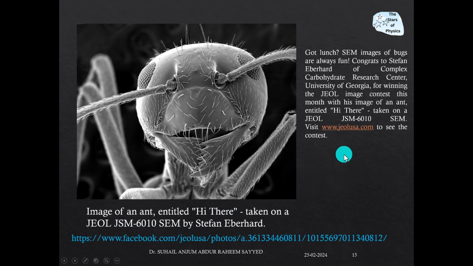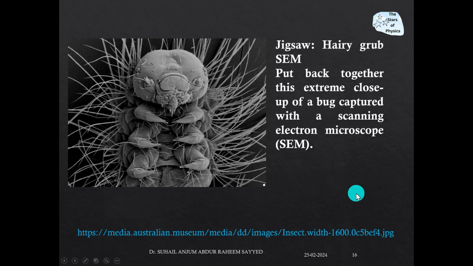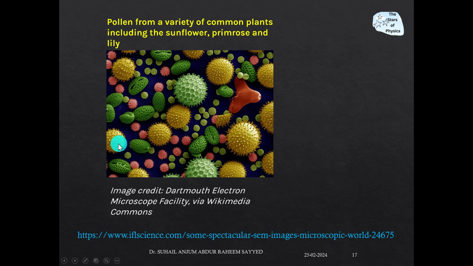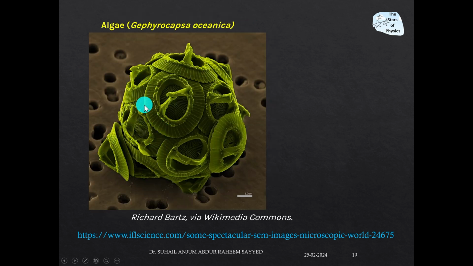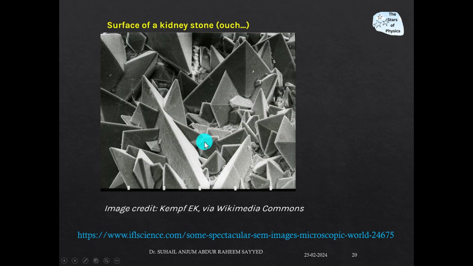He got this best prize for this high-resolution image, which I had taken from this website. Then this is the image of a bug with the help of SEM. These are images of different types of pollens. Then the head of a leaf beetle is shown in this image. This is the image of an alga. This is the surface of kidney stones. So like that we can have various images.